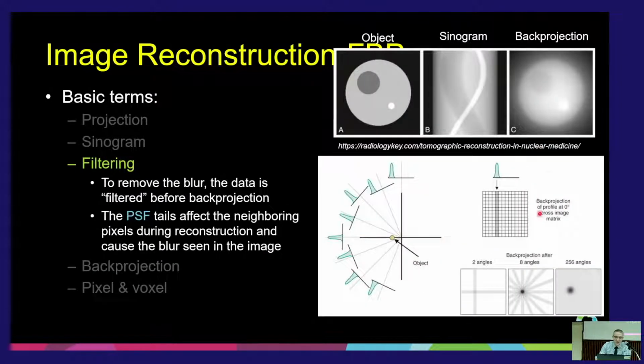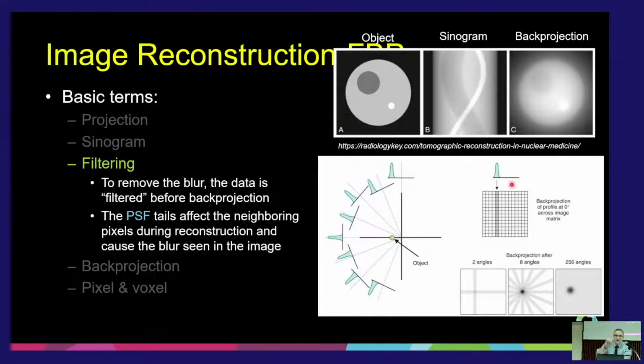So what we needed to do in CT reconstruction is get rid of that blur. When you take that blur and back project it, it adds a little bit of signal to each of the detector elements all the way around, and you get just this hazy look. So we need to get rid of those tails, the point spread function tails.